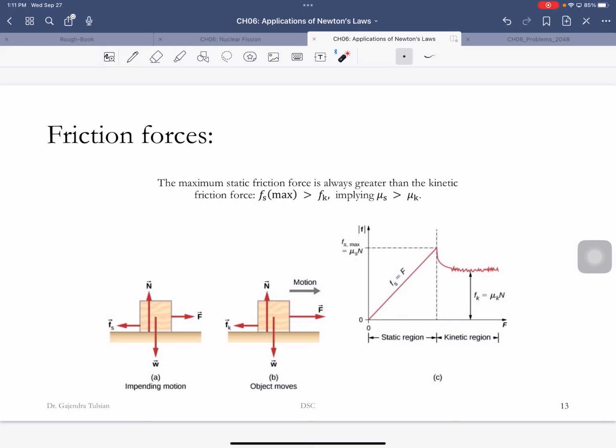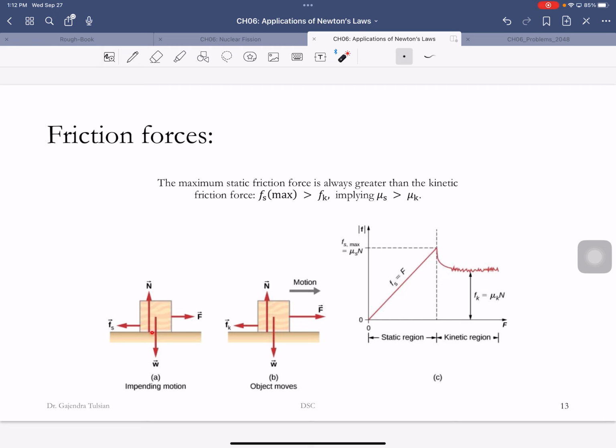How did that increase? How did that friction force arise? So the atoms on the table are pulling on the atoms on the box.